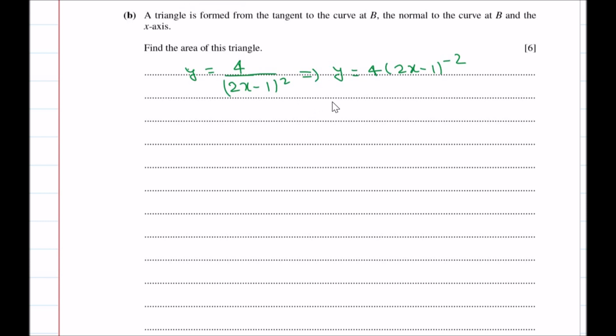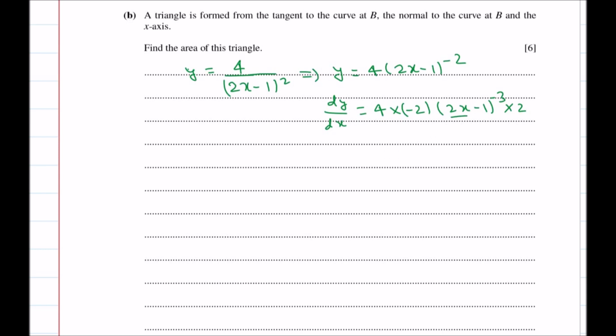So let us do dy by dx. 4 into, here comes power minus 2, into 2x minus 1 to the power minus 3, and we have 2x, to apply chain rule, that multiplied by 2 because of this.